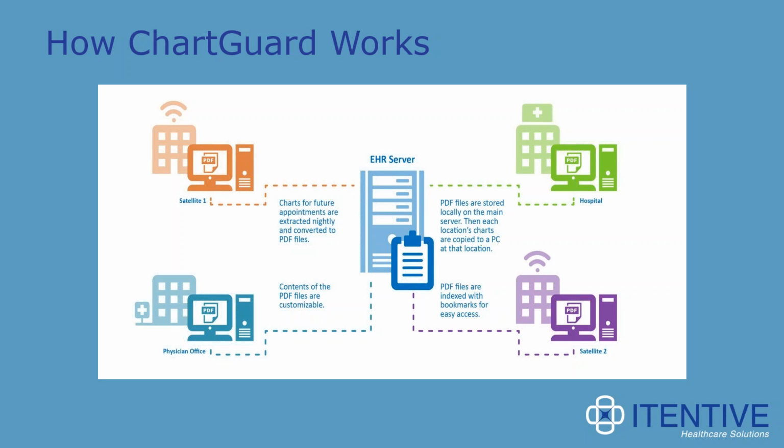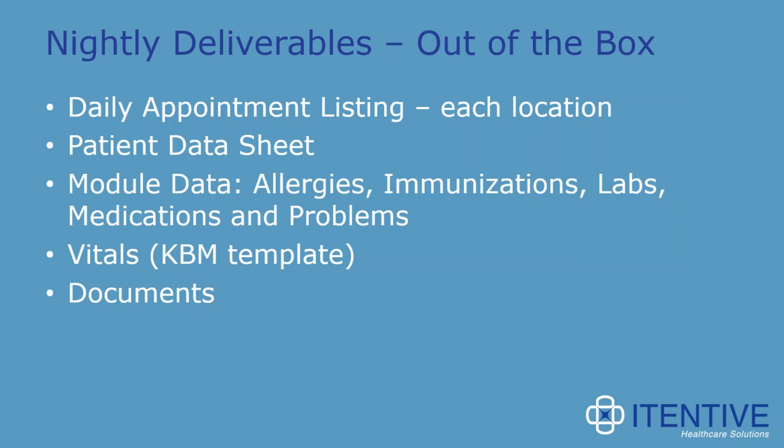All the complexity is in the engine's ability to render all that different information from NextGen. So what actually ends up in the chart? Well, each night, each site is going to get their appointment listing because they want to know who's coming in and when. Especially if they're putting those to paper, they want to print them on demand as they need them.